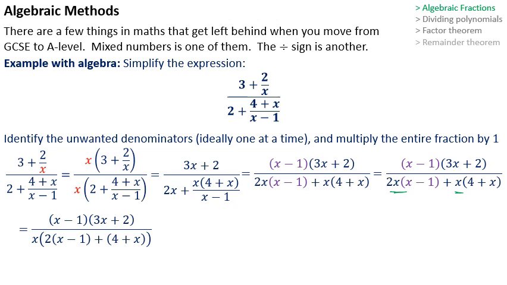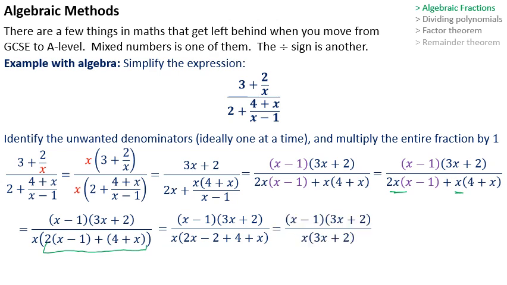It might still look messy, probably messier than the previous line. But what we've got here now is just something linear. We can expand 2 times x minus 1, and then we can add the 4 and the x from the other bracket, and that's a pretty quick process to do. 2 lots of x minus 2, add 4, add x, put it all together, and we've got x times 3x add 2. And what do you know?